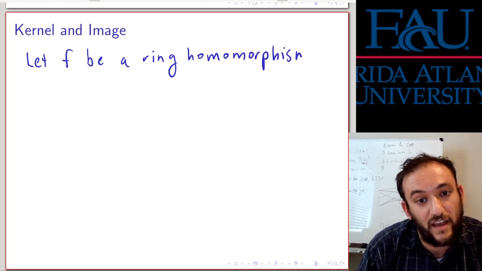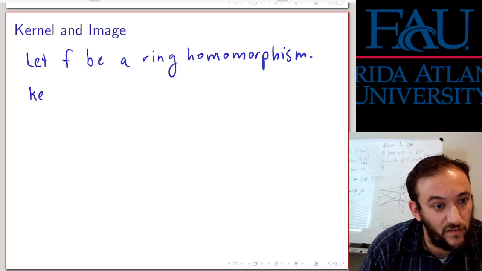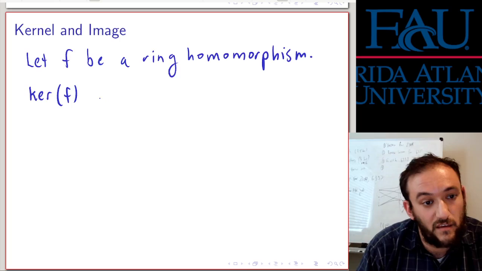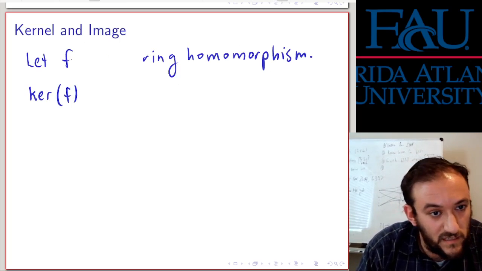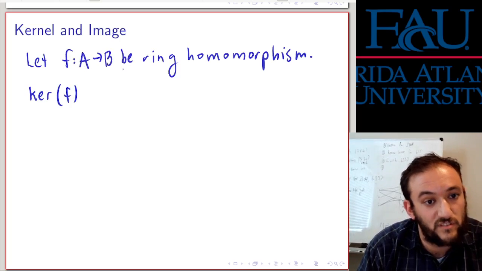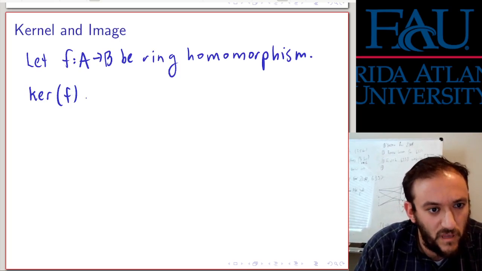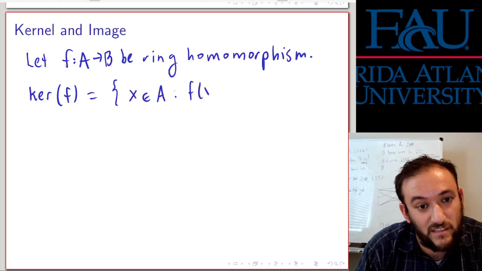We're going to define the kernel of f, and let's actually give explicit rings here. This is going to be a ring homomorphism from A to B. The kernel of f is equal to the set of x in A such that f of x equals 0.